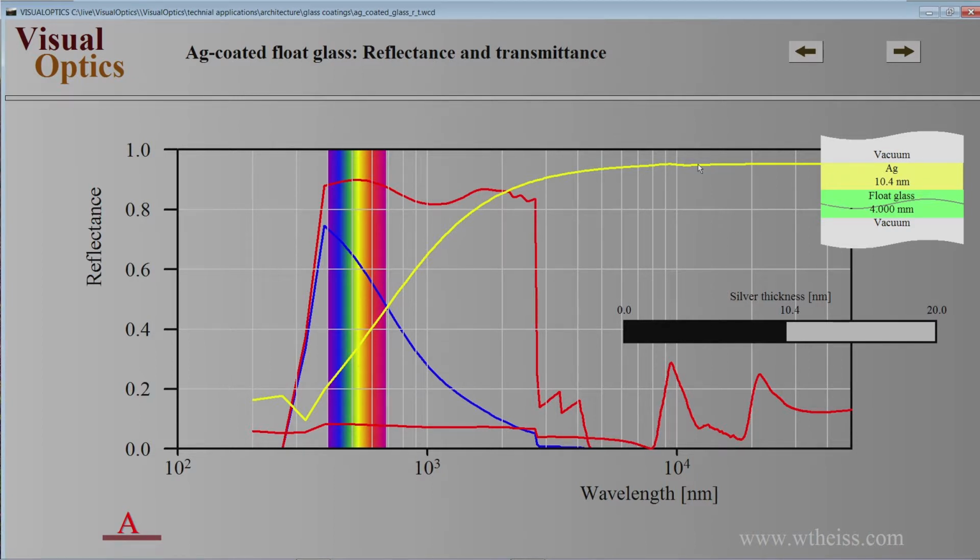That's what we wanted. We wanted to reduce the absorption by increasing the reflection. But unfortunately, the nice transmission of the glass also went down significantly, especially here in the red. It's only half of the value it used to have.